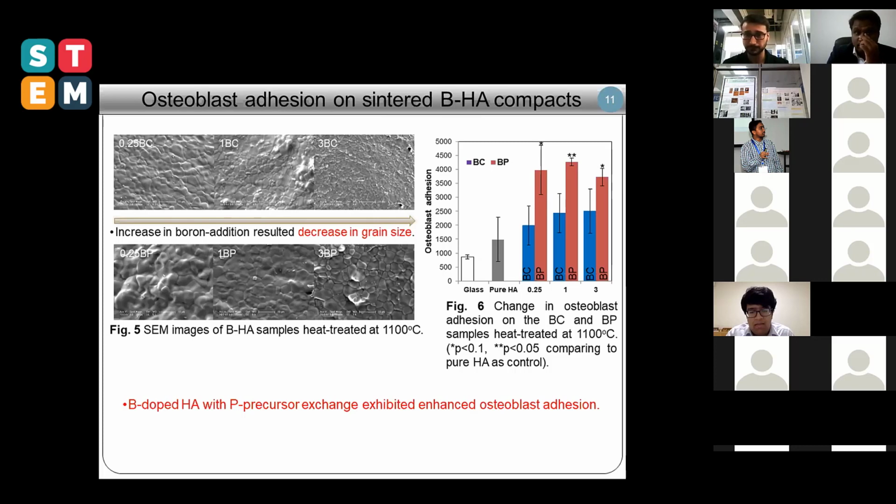Boron ions and hydroxyapatite dissolution also increase the ionic concentration in the solution, which attracts the cells and improves their adhesion. In this boron concept, we concluded that phosphate deficient site incorporation improved osteoblast adhesion with the carbonated apatite formation.